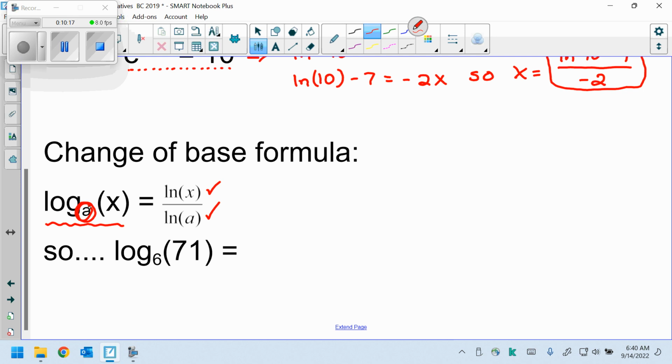But if I have a coal burner that doesn't do any bases other than 10 and natural log with a base of e, I'd have to use change of base, and I'd say that this is the natural log of 71 divided by the natural log of 6. So if you have a coal burner, keep that in the back of your mind should you have to be accurate to at least 3 decimal places for some kind of a log with a base other than 10.